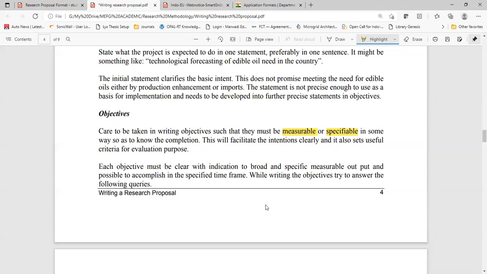Now, what do you mean by improving the efficiency? Tell me. If you propose an objective like improving the efficiency, what do you mean by improving the efficiency?